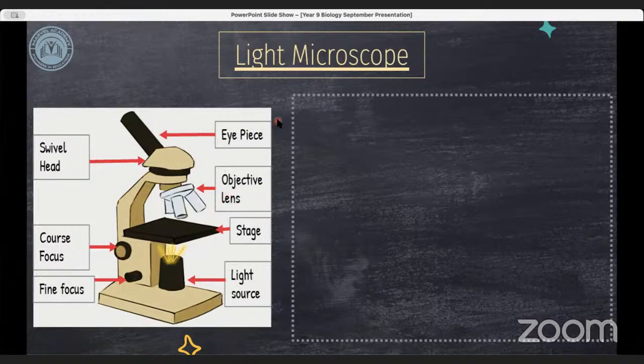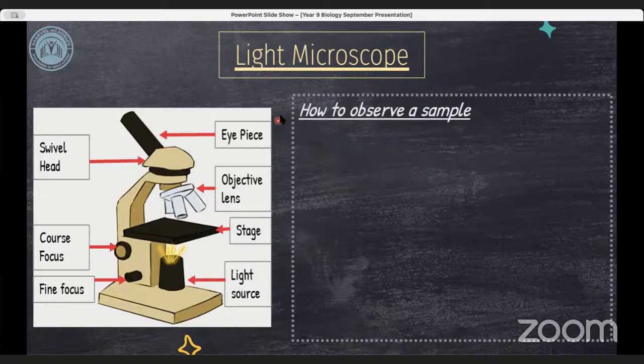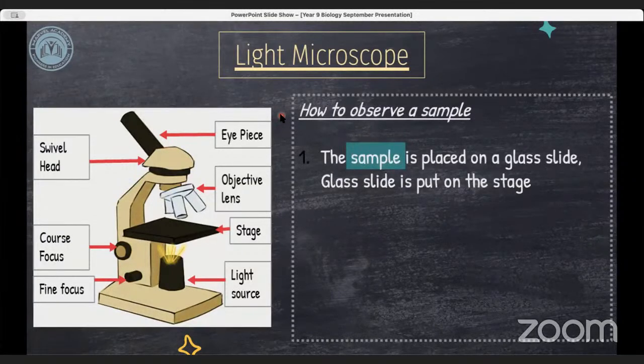Then how to observe a sample? Children, in order to observe a sample, we should place it on a glass slide. It is a small rectangular slide like this. We can place our specimen on it.